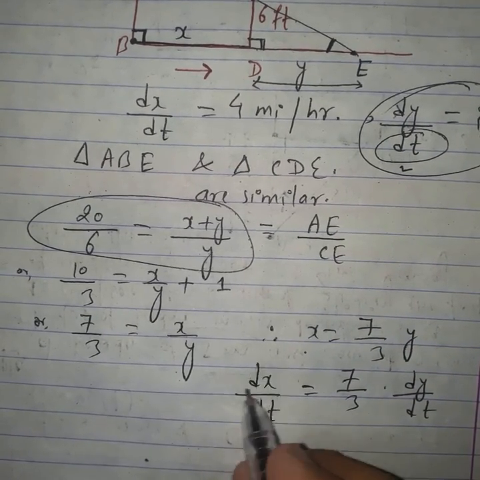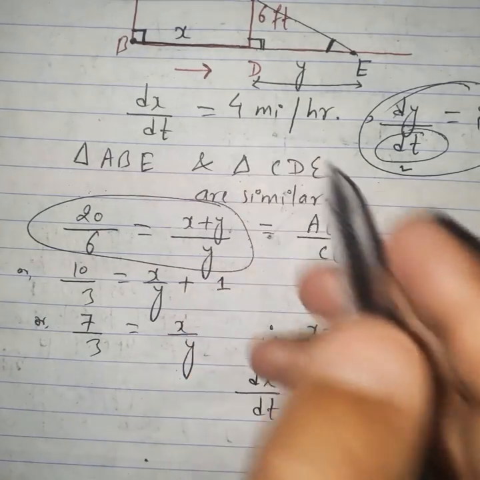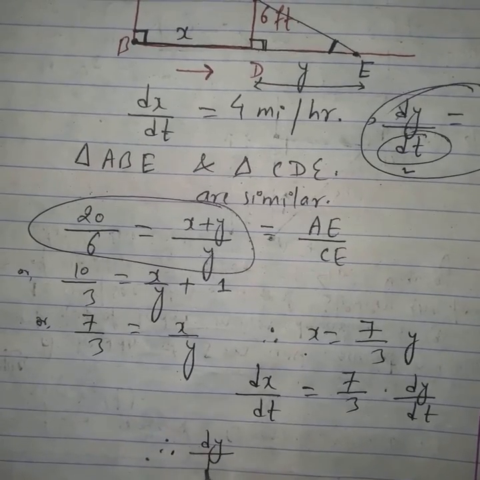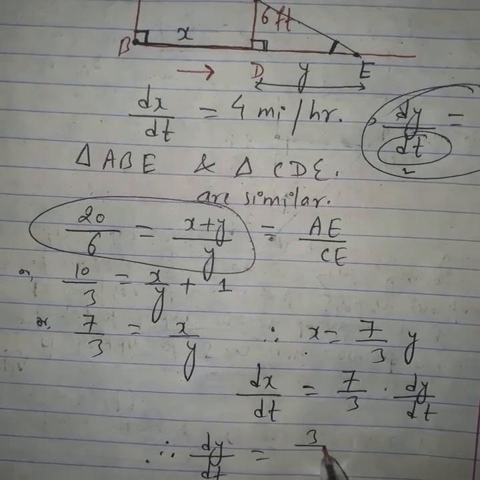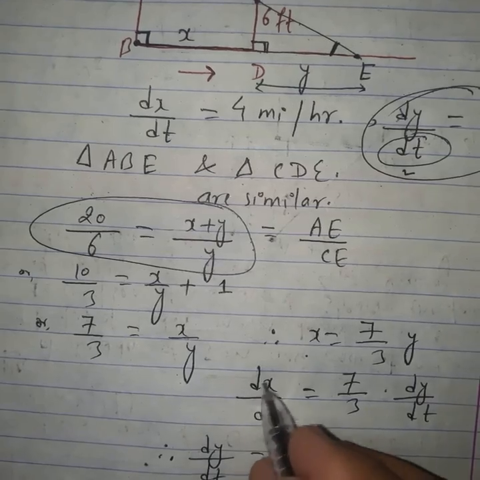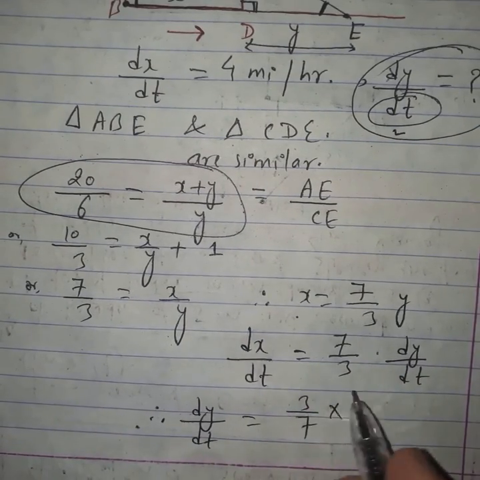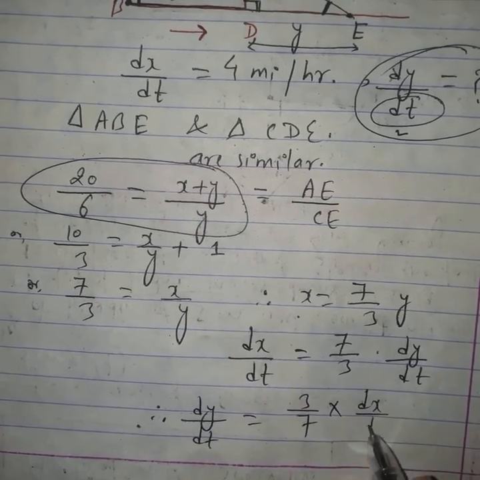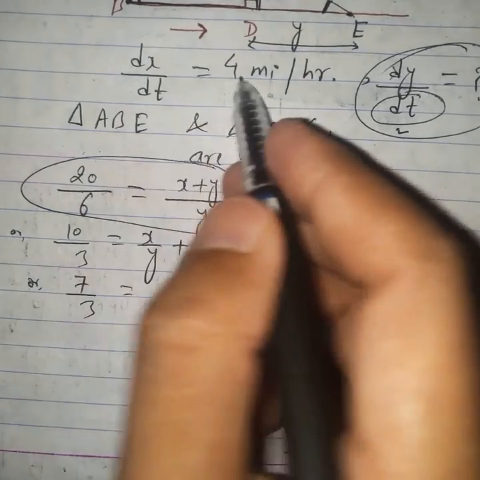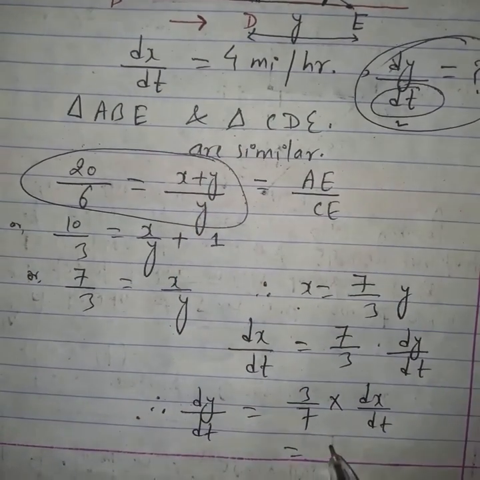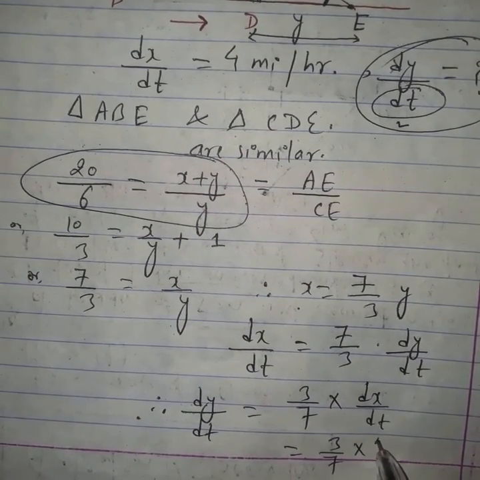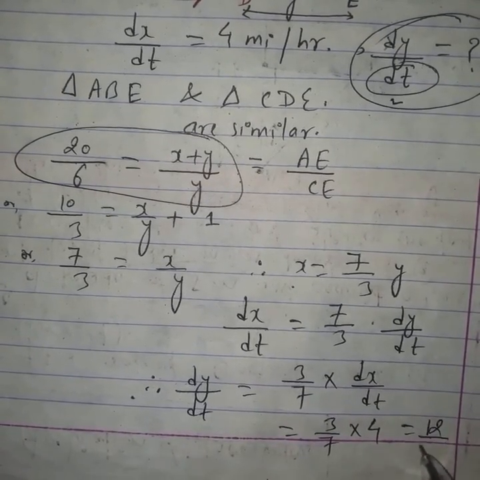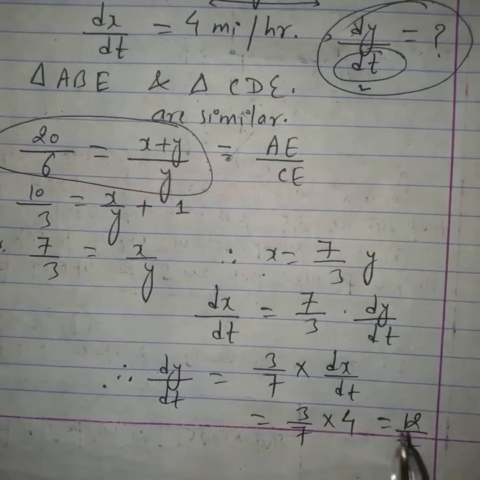Here the value of dx over dt is given as 4 miles per hour. So dy over dt is 3 over 7 times dx over dt. Substituting dx over dt as 4, 3 over 7 times 4 is 12 over 7.